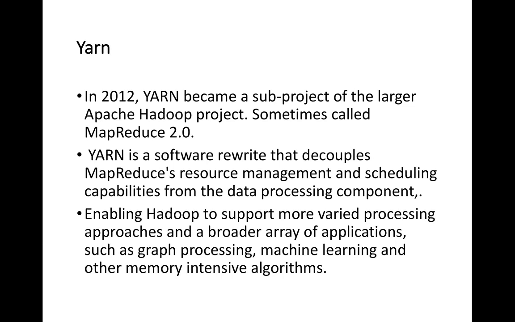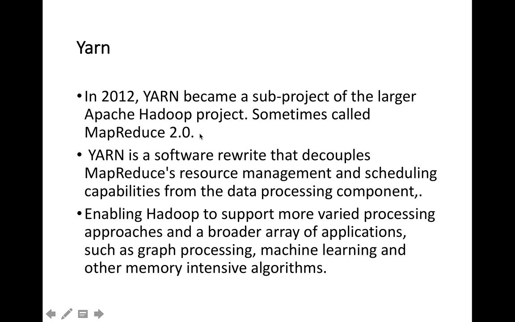Also, YARN enables Hadoop to support more varied processing approaches. For example, many applications such as graph processing, machine learning, and other memory-intensive algorithms were not supported by MapReduce 1.0.